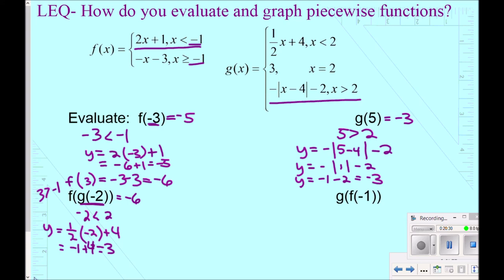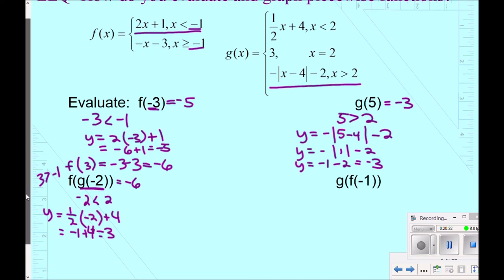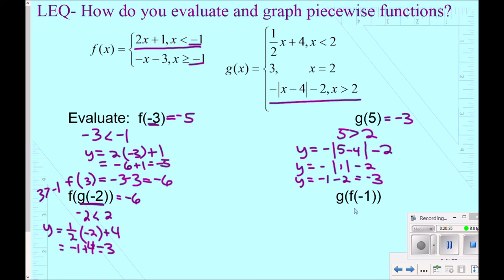Okay, and let's look at that last one. So f of -1 is what comes first. So -1 is going into the f function. Well, -1 is equal to -1, which means I'm substituting into the bottom equation. So the opposite sign of -1 minus 3 gives me 1 minus 3, which gives me -2. That's f of -1. And now I'm going to put that -2 value into the g function.